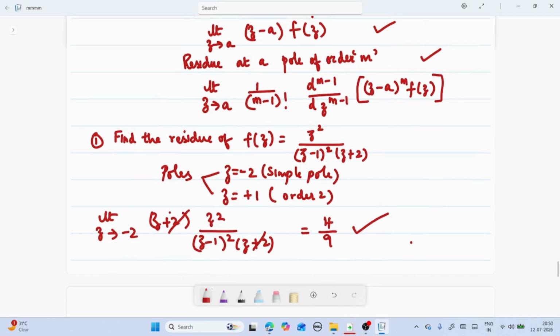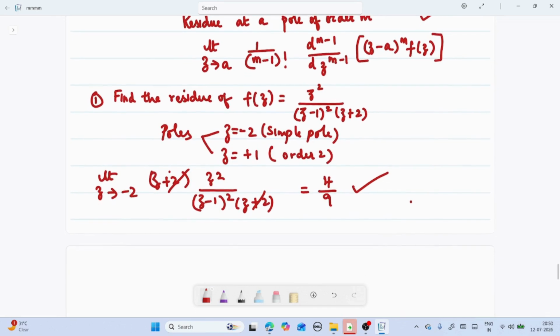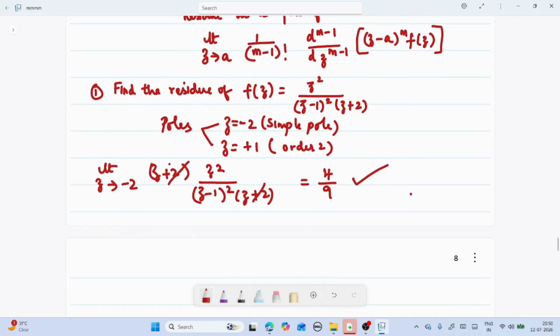Now coming to finding the next residue at the pole of order 2, use the formula. What does the formula say? Limit z tending to a 1 by m minus 1 factorial. So m will take the value 2 here. So just put it over here.